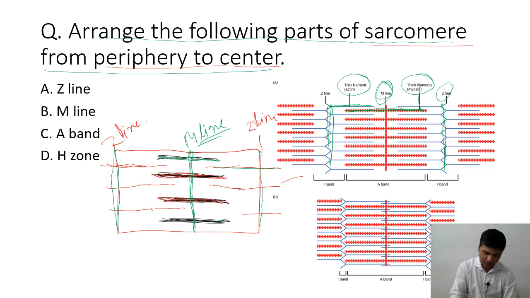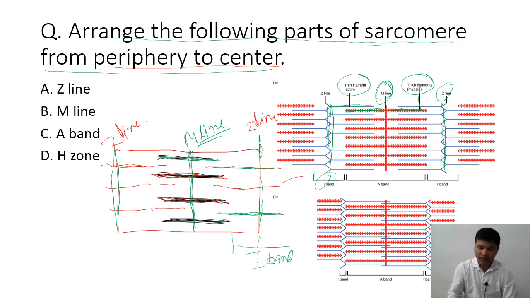At the periphery, obviously, is the Z line, no confusion. This part is called the I band, and the next sarcomere also has an I band. The I band is the thin filament, actin, from here to here.